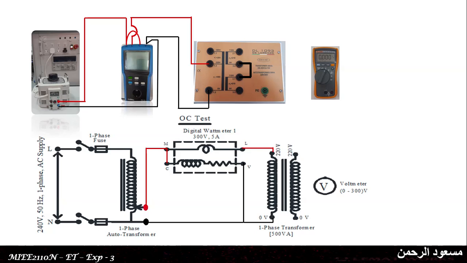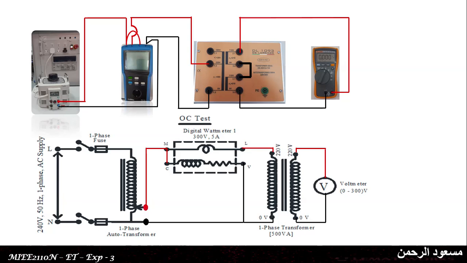The connection up to this point is the same for the load test, the open circuit test, and the short circuit test. So the primary side connection is the same for all three tests. On the secondary side, we just connect the voltmeter to measure the secondary voltage during the open circuit condition. That's all.